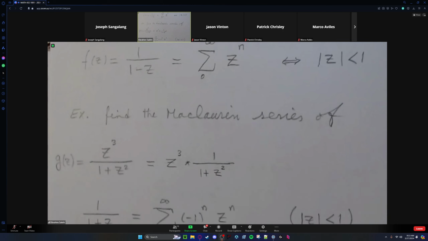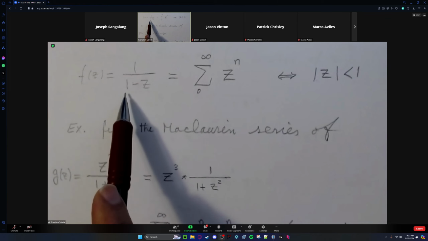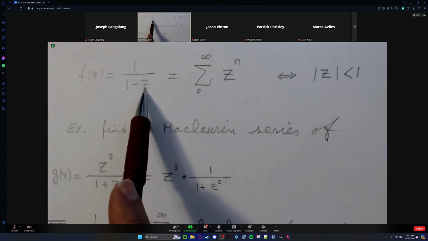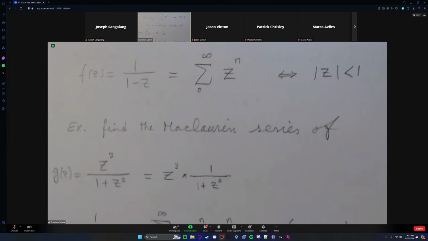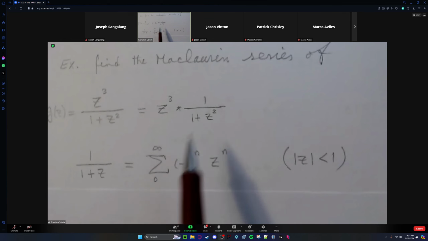Well, that is when we use that geometric series. Here is the geometric series. Replace z by negative z. You'll get this one. Now you replace z by z squared.